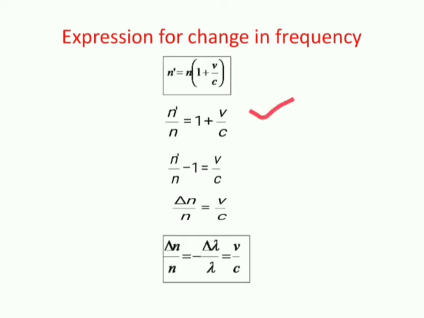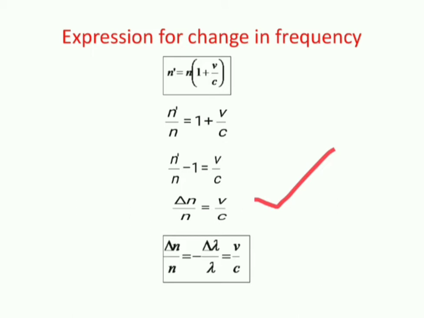N dash by n is equal to 1 plus V by C. Bring the 1 to the left hand side and simplify it. Change in frequency by original frequency, we have got the relation as V by C. I repeat, delta n by n is equal to V by C.